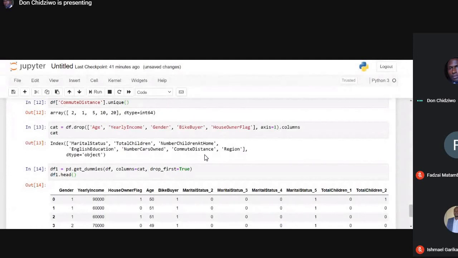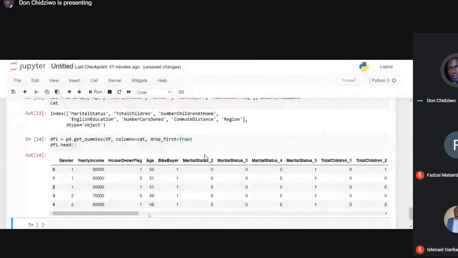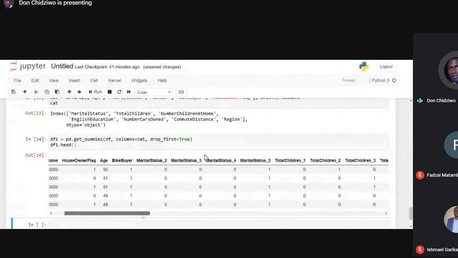So what I then did was, I encoded them with one hot encoding, such that for marital status, if a person's marital status was 2 they will have 1, if it's not they have 0. If marital status is 3 they will have 1, if it's not they have 0. Same for total children, etc.